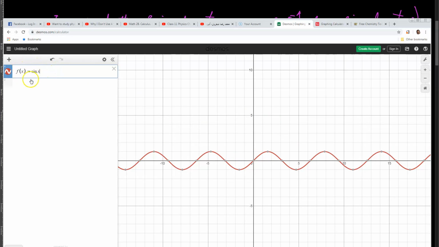Now the inverse of this function: you can see that the range of this function goes from negative 1 to 1. So that range, I can take as the domain of the sine inverse function.